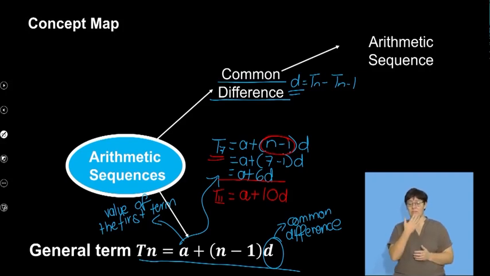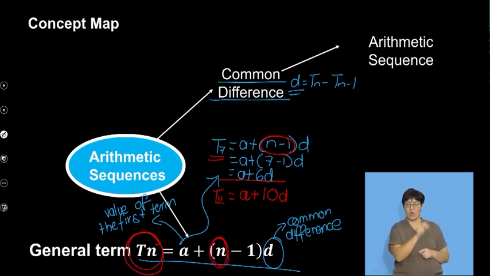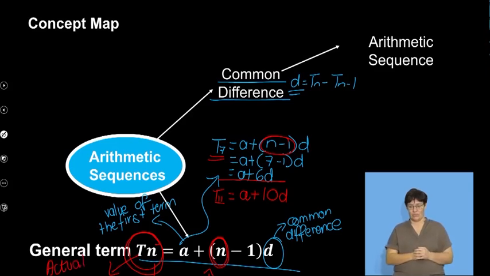Cool, guys. So please remember that with the general term, we can substitute in Tn values as well as n values. If I substitute in Tn values, I'm often looking for the n. So please remember that Tn is actual values and n is term numbers.